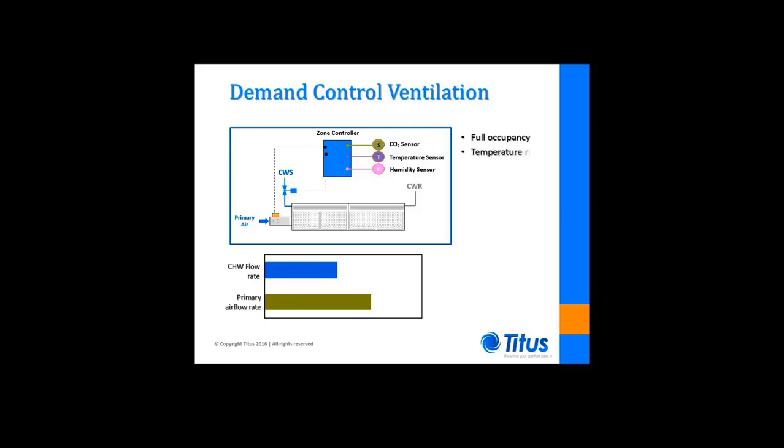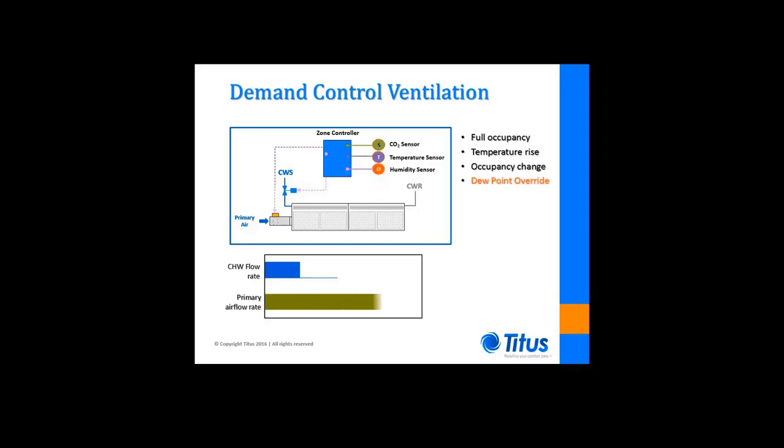Upon a rise in the classroom temperature, the controller increases the terminal unit's coils' chilled water flow rates. In the event the CO2 level drops, indicating reduced occupancy, the controller reduces the airflow rate of the VAV terminal serving the classroom. This is often accompanied by a reduction in space temperature, to which the controller reduces the chill water flow accordingly.